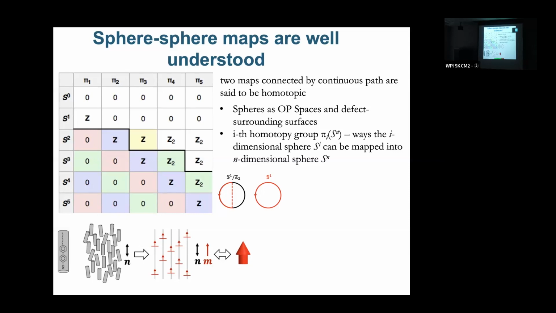And so in order to be able to characterize them, we can represent the entire variety of all possible states that these ordered parameter fields can take.